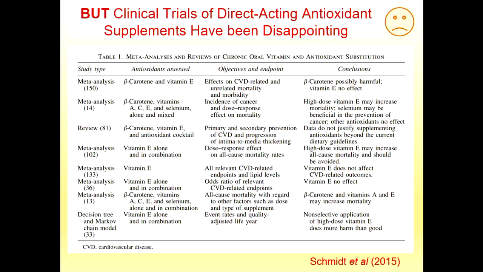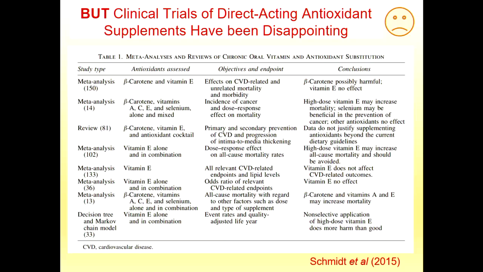But we won't go through all this, but various large clinical trials, particularly in the form of meta-analyses, where people pull suitably appropriate clinical trials and epidemiological studies and look at large data sets to see what effects vitamin E or beta-carotene supplementation has.